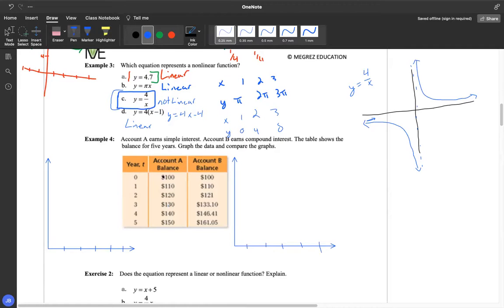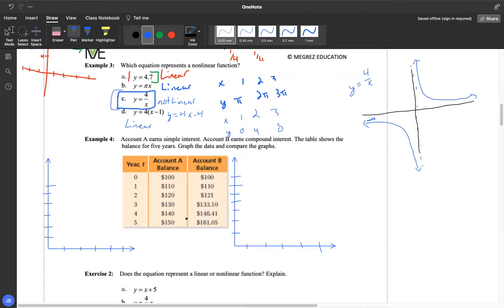What do we got? Up to 150. So if this is 100, 10, 20, 30, 40, 50. And then 160. Okay.